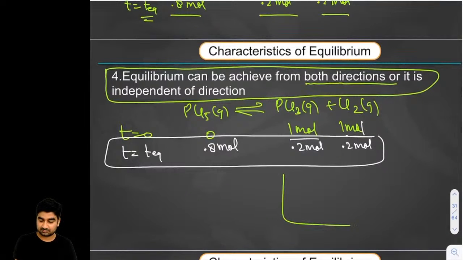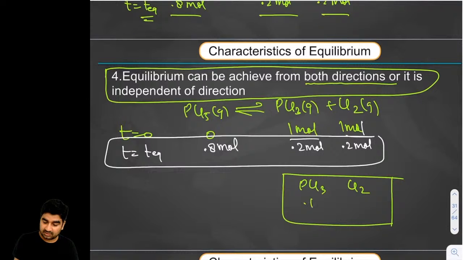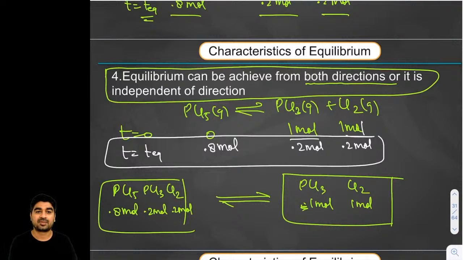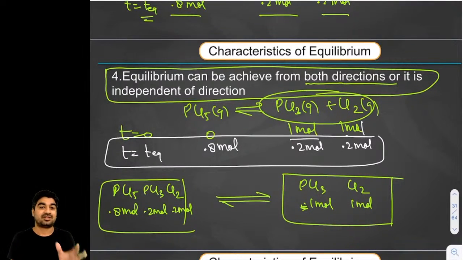And if you take PCl3 and Cl2, then again you will get 0.8 mole of PCl5. So what I want to tell you is that equilibrium can be achieved from both sides. You can take these two. Again, the reaction will not go to completion in any case.